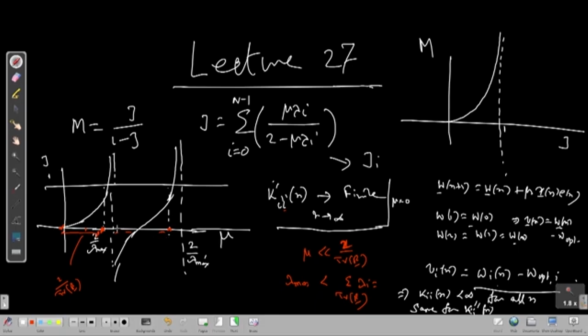Maybe if I take mu from some other region, it is possible that M also remains finite for them, but I am not sure. But about this I am sure, because mu equal to 0 is a point of stability, and as long as mu remains much less than 2 by trace R, they are all points of stability, and therefore I can increase mu till the point I hit where M shoots up to infinity, because J touches 1.